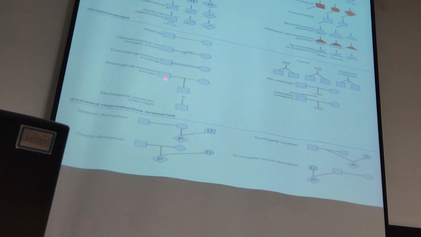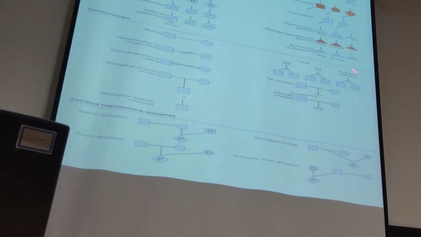Biological parents: father, mother, and a boy who is healthy. If we do not know about the biological parent, we just put a question mark here. If we know about the zygosity, monozygotic twins have a line between them, and dizygotic twins do not.